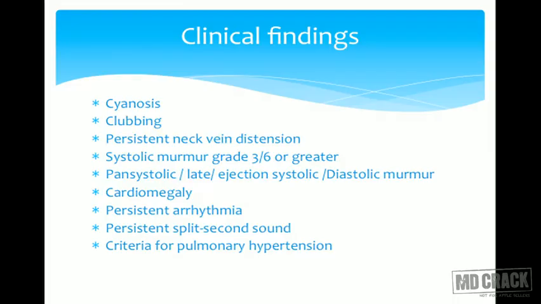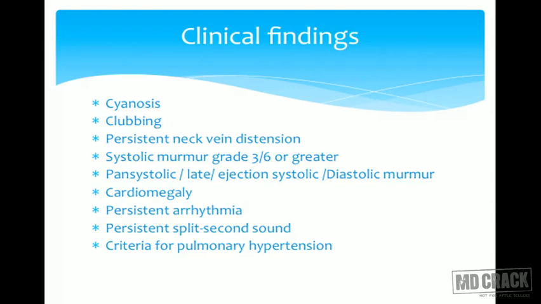Signs would be, fingers would be showing clubbing, chronic heart disease. There will be cyanosis, persistent neck vein engorgement, systolic murmur, but of high intensity. The grade would be 3/6 or greater than that. Then there can be late systolic murmur or ejection systolic murmur or pan-systolic murmur, and diastolic murmur is classical of heart diseases.